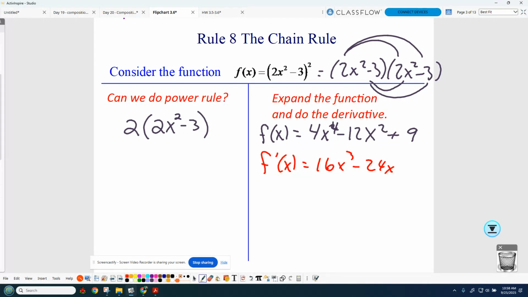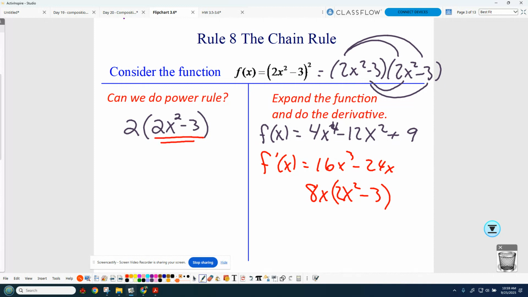Well then, if I factor out an 8x, because that's what comes out, I get that.